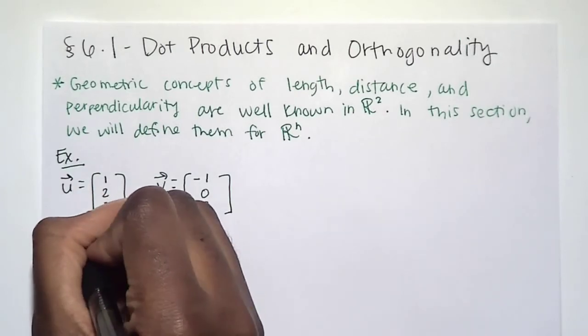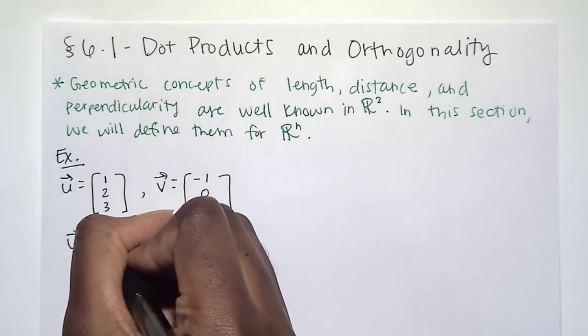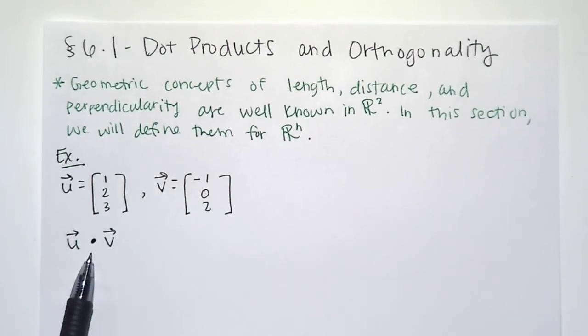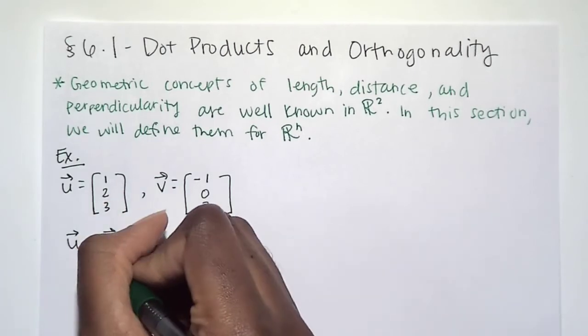So U dot V. And this is different than just a regular multiplication dot. It's like a filled in bold circle.